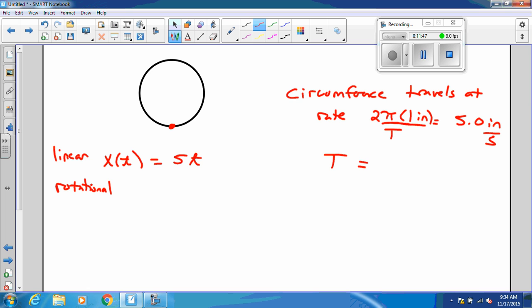There we go. So I'm getting 1.26 seconds to travel one entire circumference. How does that help me figure out the rotational position in terms of time?